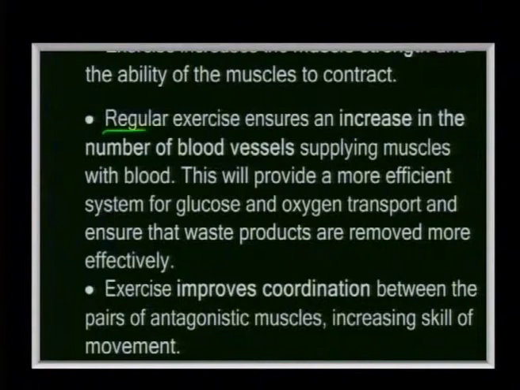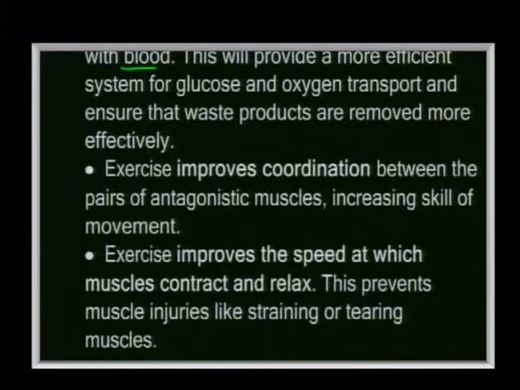When we have regular exercise, it increases the number of blood vessels supplying the muscles with blood, because you're increasing the overall size and structure of the muscle. You're making it work at a better rate. You're helping it to make more mitochondria, to get a better blood supply, to make more tissue. Okay, exercise improves coordination between the pairs of antagonistic muscles.